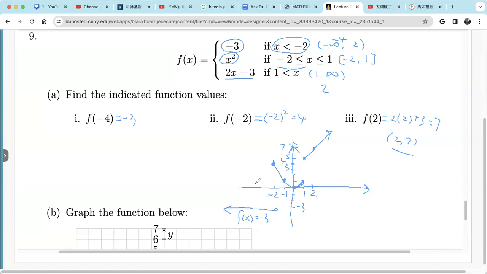The third piece is 2x plus 3, the linear also. We evaluate at 1, even though 1 is not in the domain. So we have 1, 5, then we make an open circle. Then we get another point, 2, 7. Then we can draw the graph. So we see 3 pieces. So this is a typical piecewise function. And that's it. That's the worksheet.